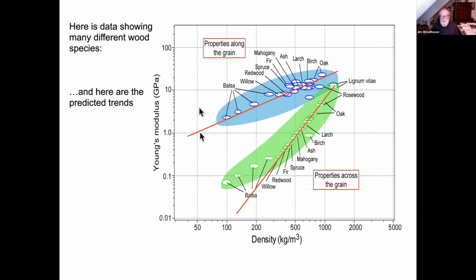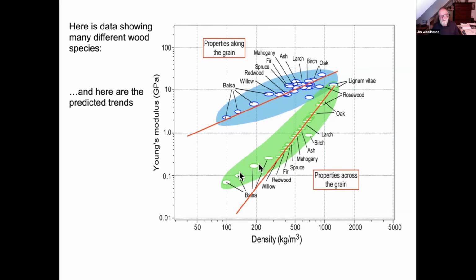And by the time it's gone up by a factor of 10, it's going through this junction, which is at 500. So it's 10 times the density and 10 times the stiffness, so a slope of 1. The prediction was that the cross grain stiffness should go broadly like the cube of density. And the same argument on this log scale says that we should get a straight line with a slope of 3, which is this red line here.